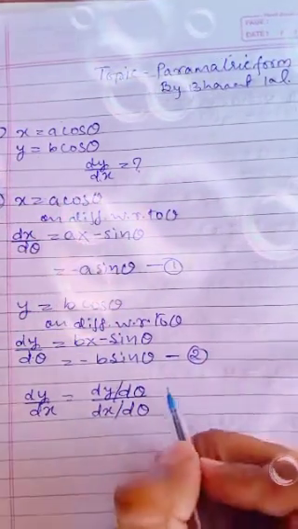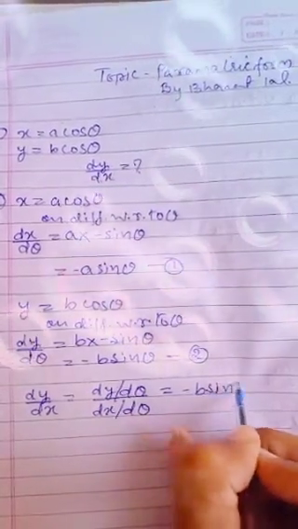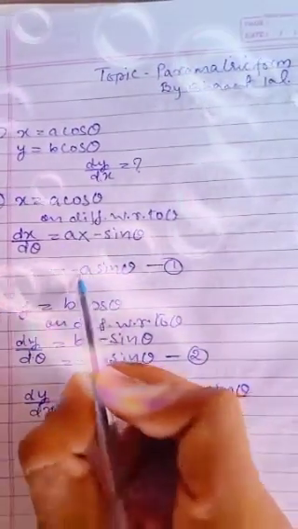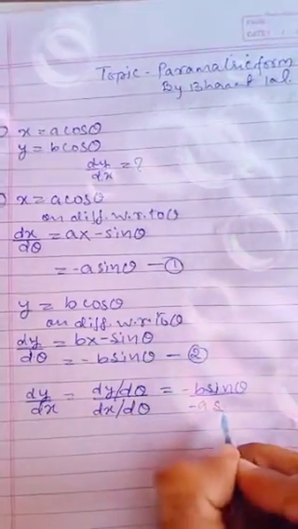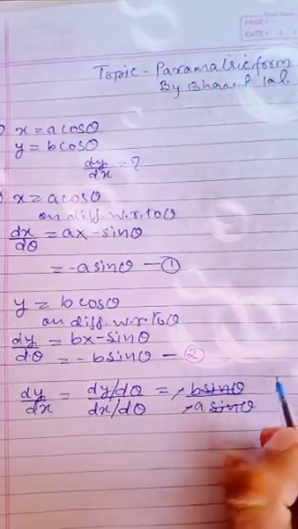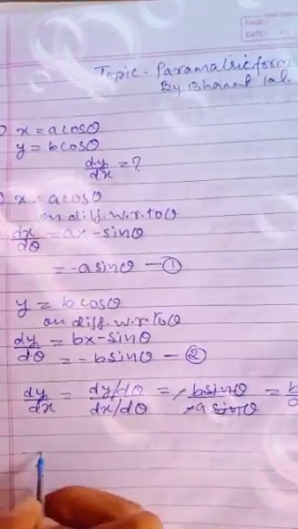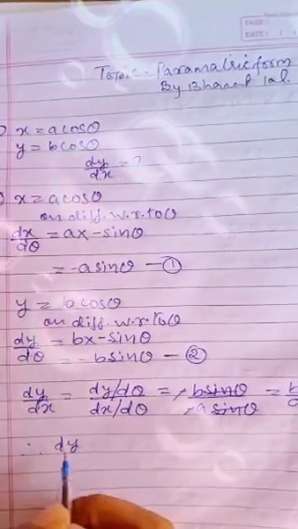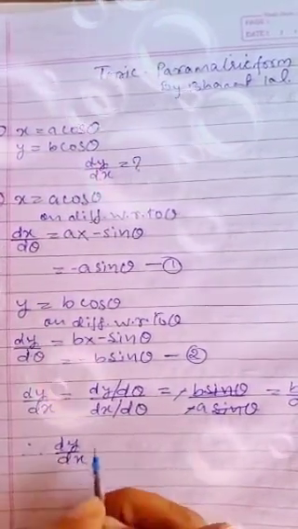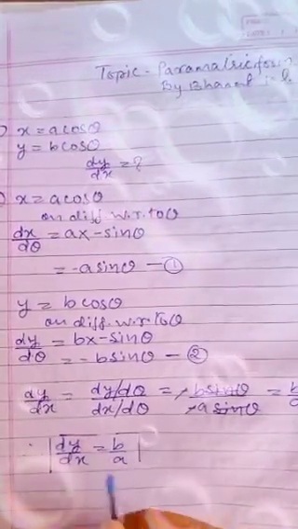So minus b sin theta divided by minus a sin theta. Negative and negative cancel, and sin theta cancels. So what remains is b upon a, or dy over dx is equal to b upon a. So this is the parametric form of this question.